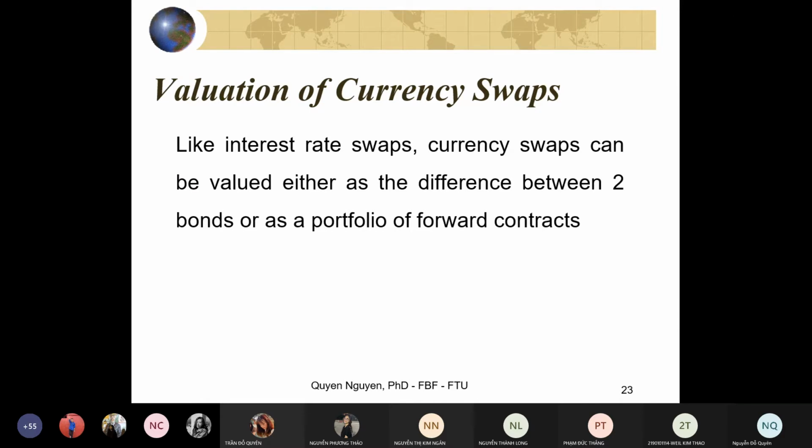If you want to understand more about how to value each contract regarding swap, each type of swap, then you can read further in the book at home, but in the examination, this is not required. Okay, but we just discuss briefly the valuation of the currency swap.